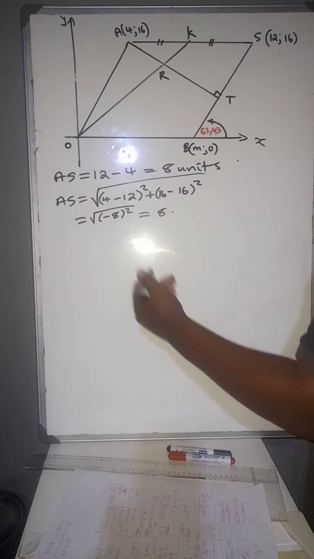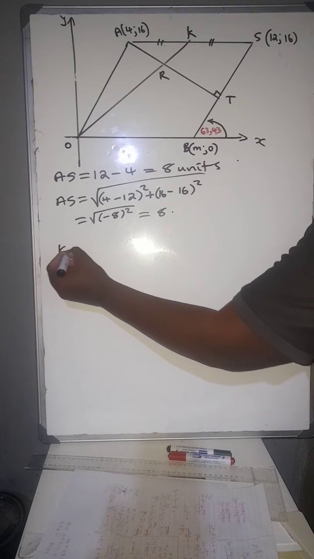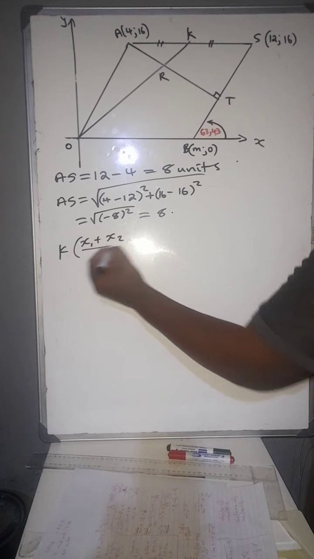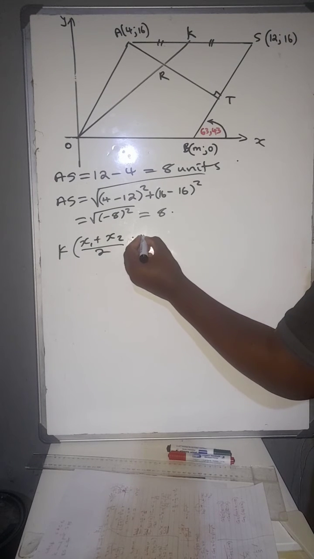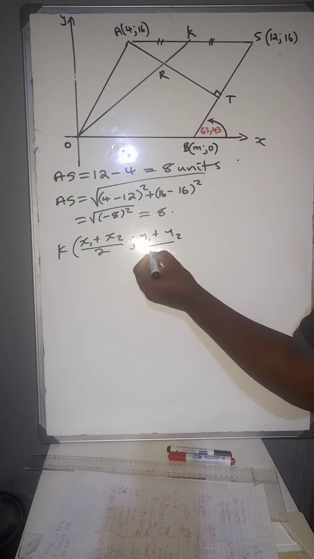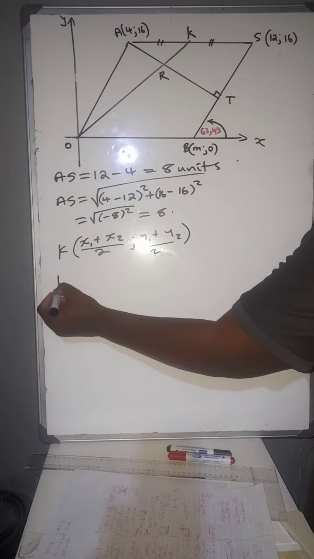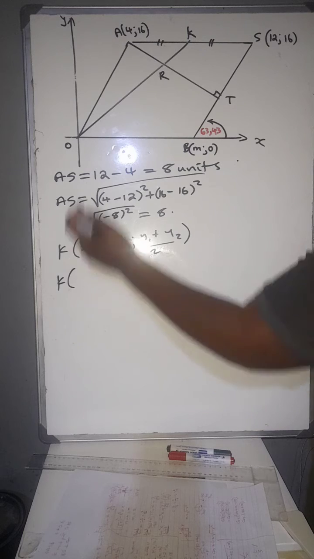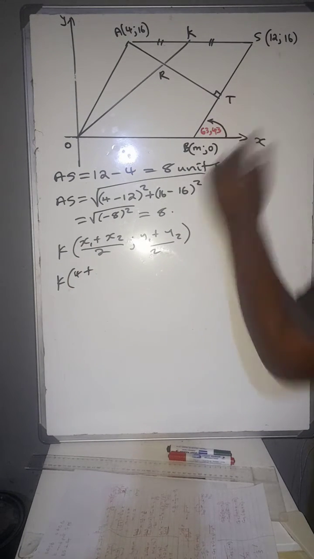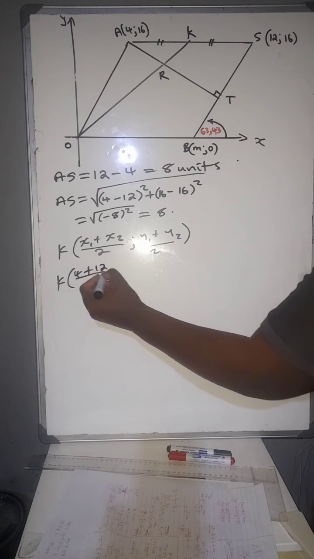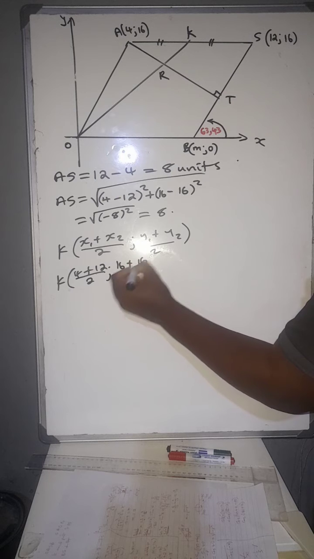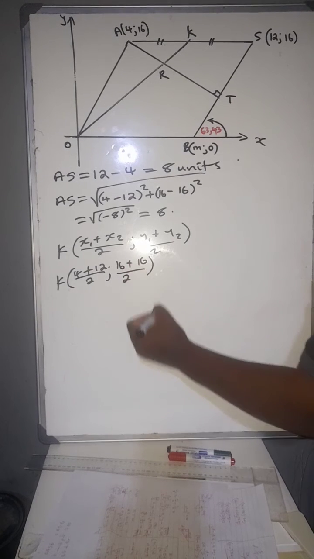But you can use the midpoint formula, that is K equals x1 plus x2 over 2, and y1 plus y2 over 2. So our K would be 4 plus 12 over 2, and 16 plus 16 over 2.